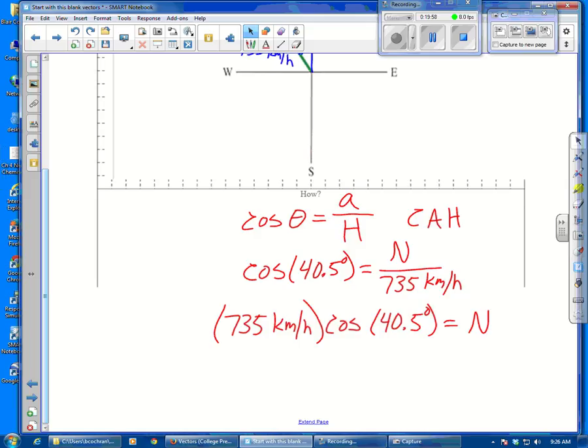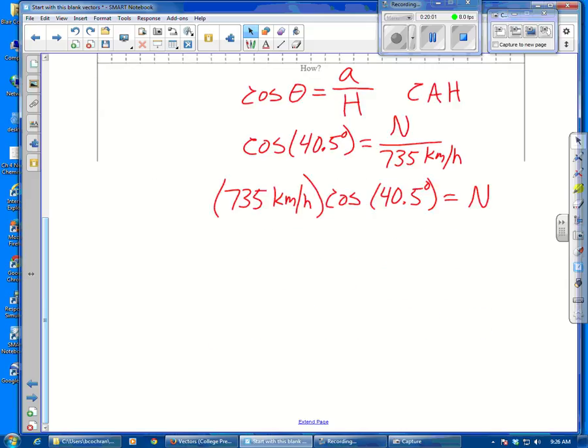Okay. Then to find the W, I'm going to use sine. Sine of theta is opposite over hypotenuse, which is where the SOH in SOHCAHTOA comes from.